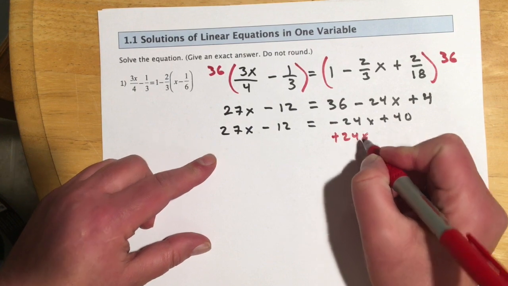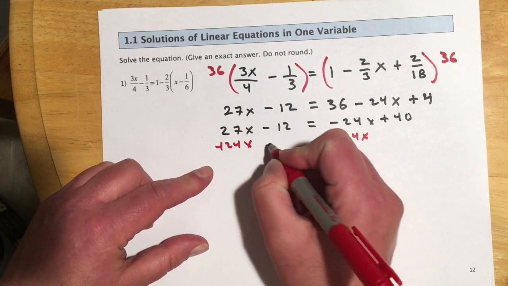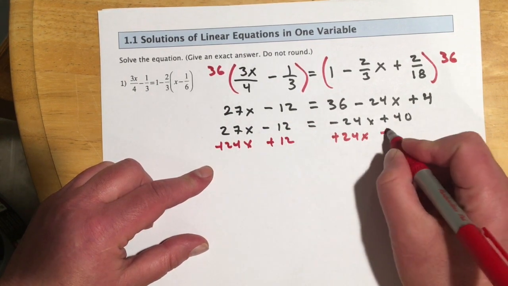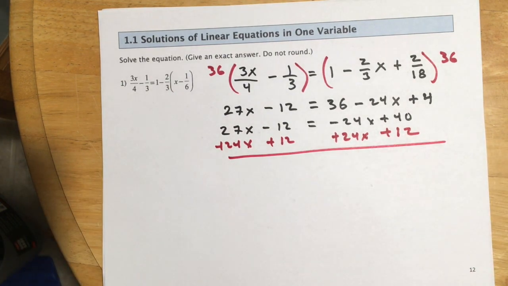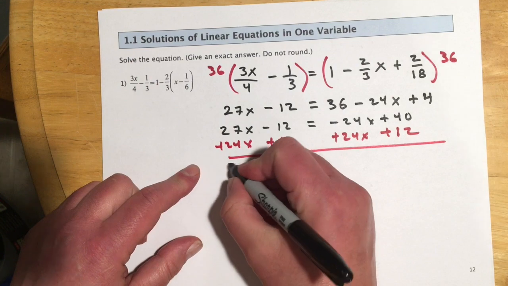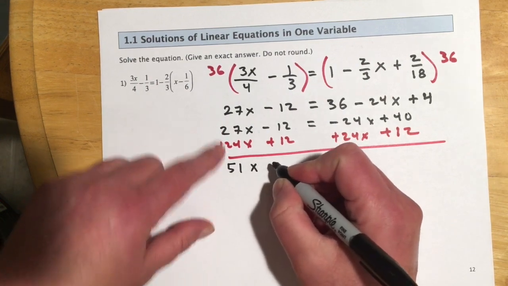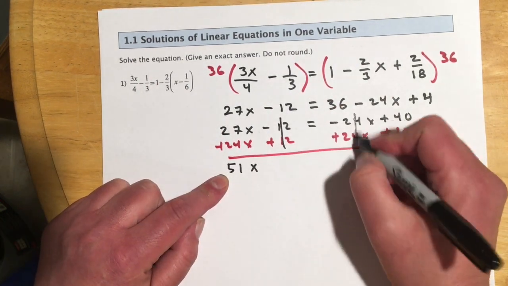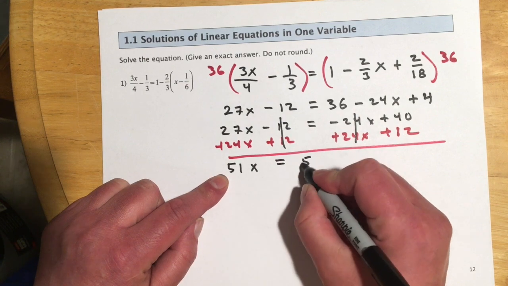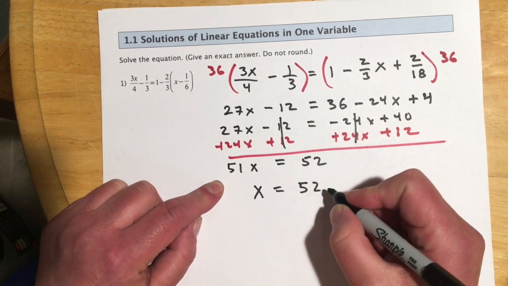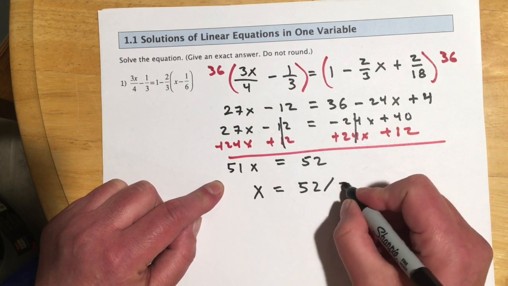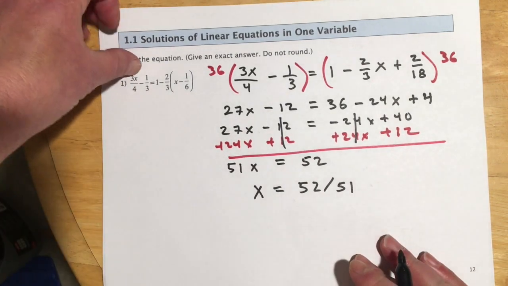So plus 24x to both sides, and then plus 12 to both sides. So 51x over here, those drop out, equals 52. So x equals a rather unreassuring yet correct 52/51.